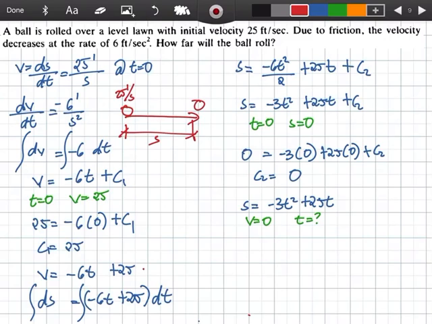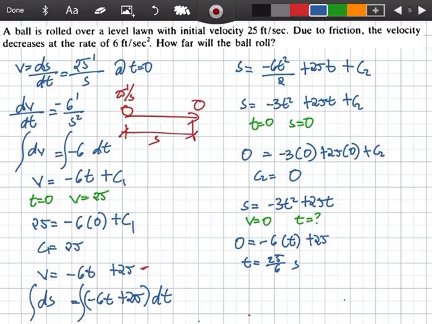So, v is equal to 0. This is the equation we will use, class. So v is equal to 0: negative 6t plus 25. What is t? 25 over 6. That's all, just 25 over 6. So 25 over 6 seconds.